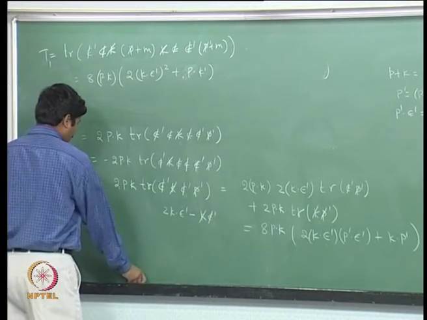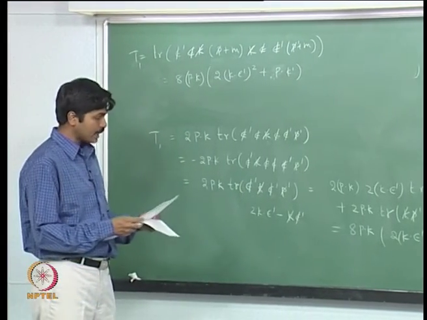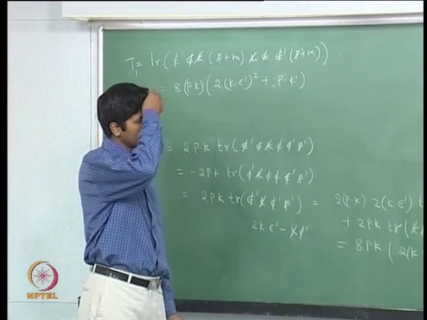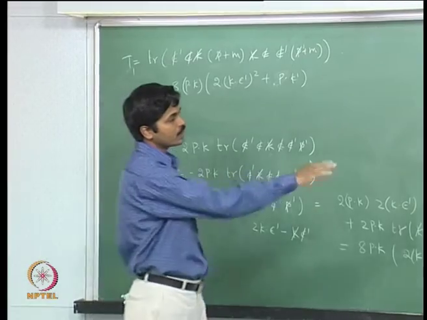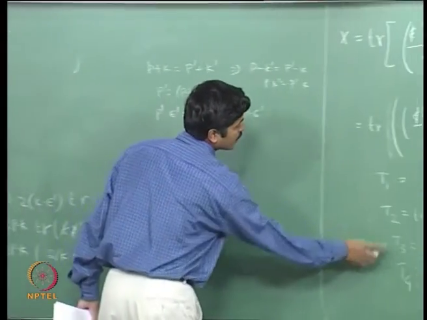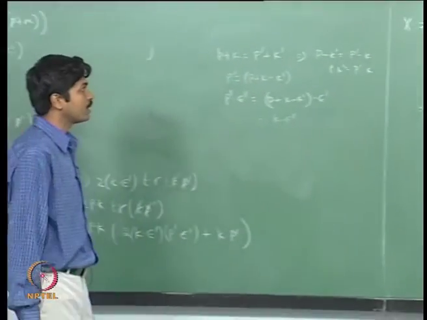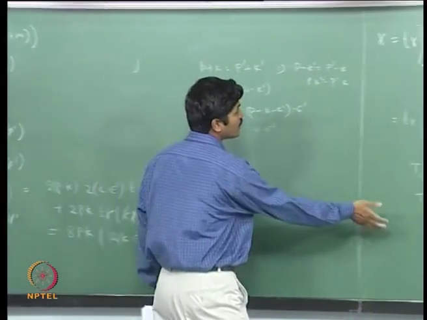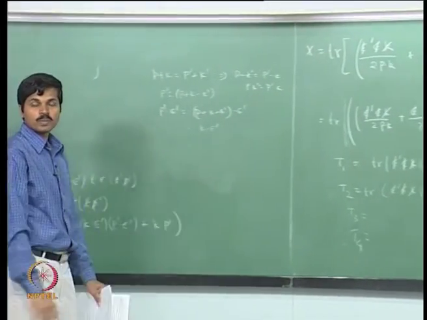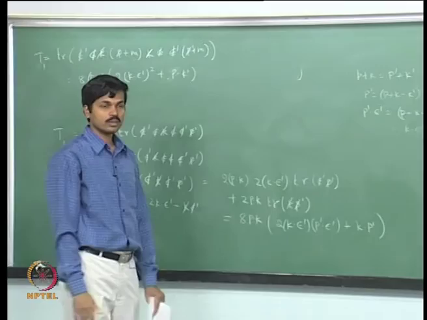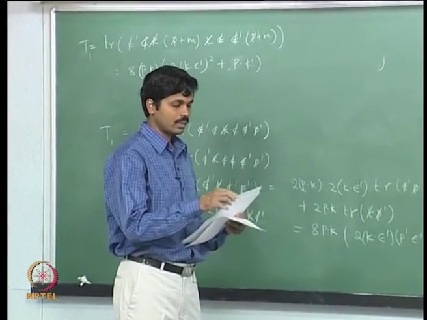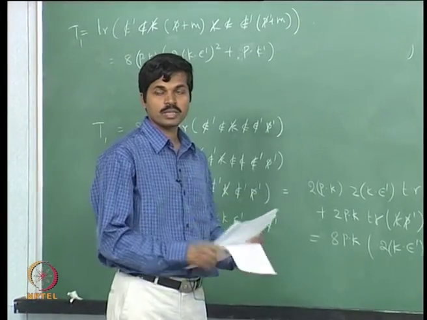So what we will do in the next lecture is we will evaluate T2, and then we will prove that T2 is equal to this. Then we will quickly compute T3 and T4 from T1 and T2. We will substitute the whole thing here, and then this in the formula for the scattering cross section, and then finally we will have a nice form for the scattering cross section.